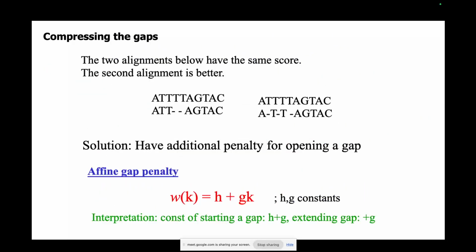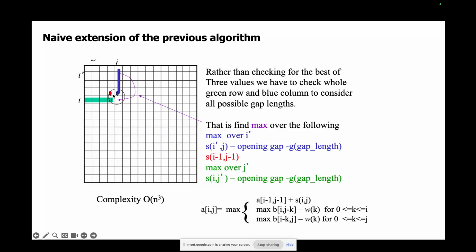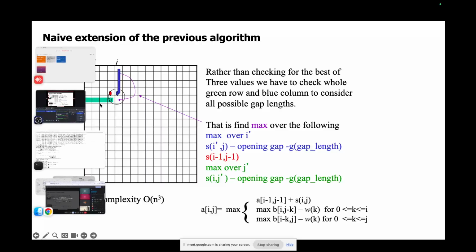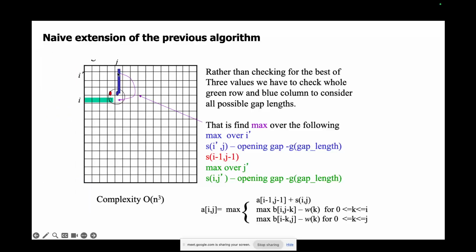But now imagine that you do not do it only for these three boxes, but for all the columns for j and for all the rows for i. So rather than checking for the best of the three values, we can check the whole of these rows, and the whole of this particular column as well, and also consider different possible gap lengths.